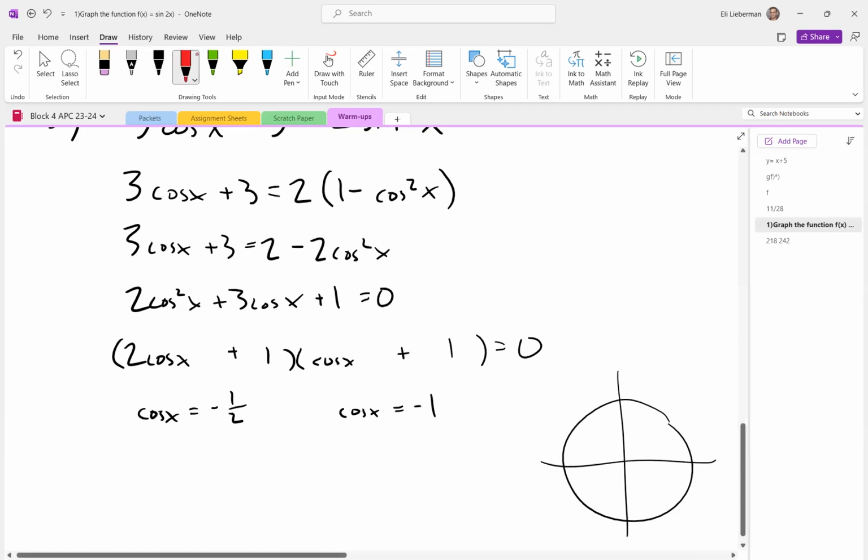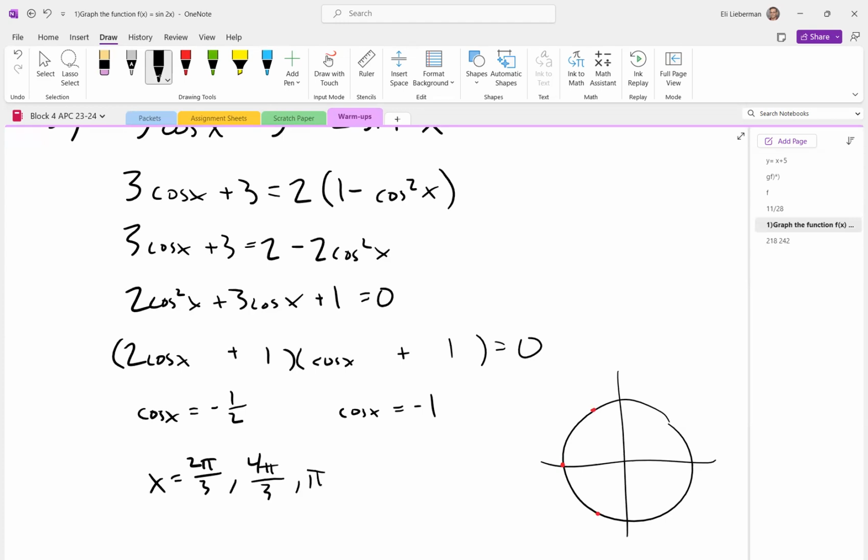So 2 pi over 3, 4 pi over 3, and pi. That makes sense? And so x equals 2 pi over 3, 4 pi over 3, and pi.